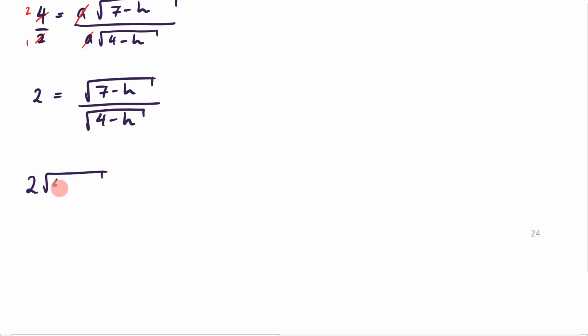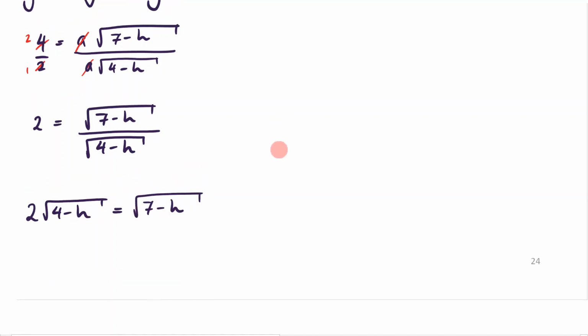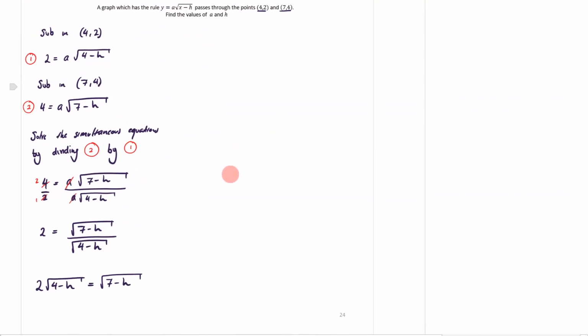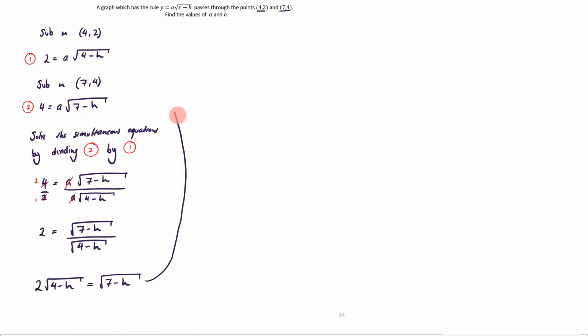That will bring that up here, the square root of 7 minus h. Perfect. We're running out of room a bit here, aren't we? So what I might do is bring it all the way back up here, just to give us some more room. I'll rewrite it. So we've got this: 4 minus h is equal to the square root of 7 minus h.